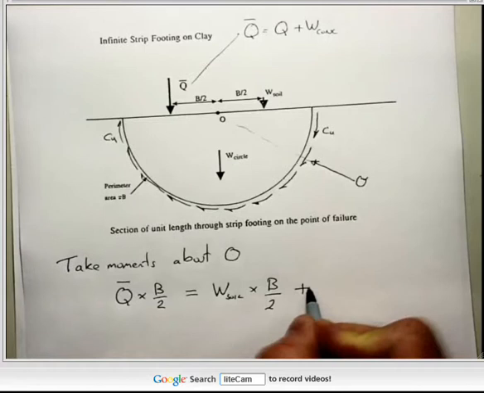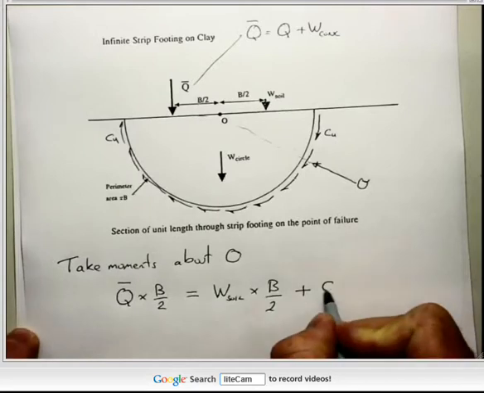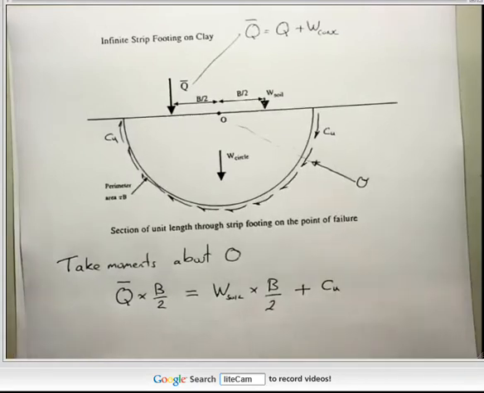And we've got to add to that the shear stress around the failure surface, added up over that failure surface to give us a force, and then multiply by its lever arm to give us a moment. So we're going to say Cu is the stress. What's the area over which it acts?